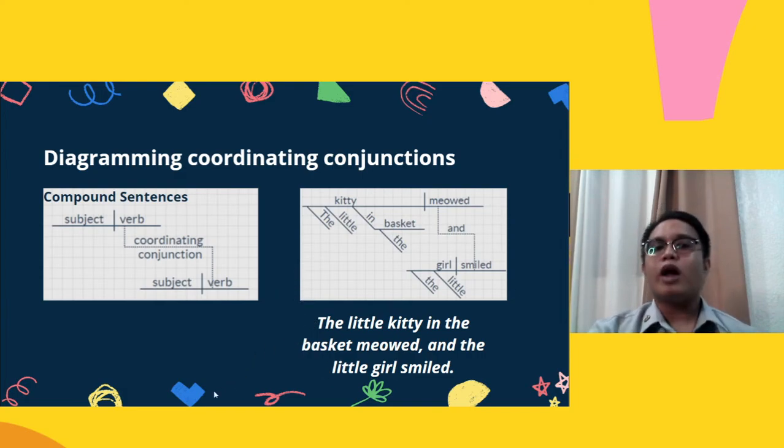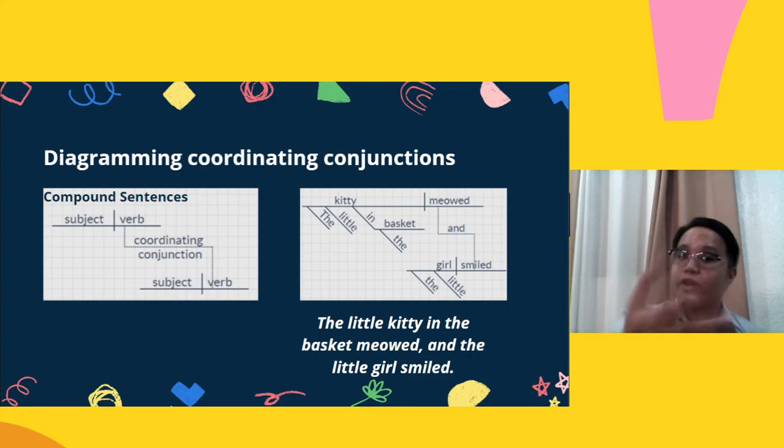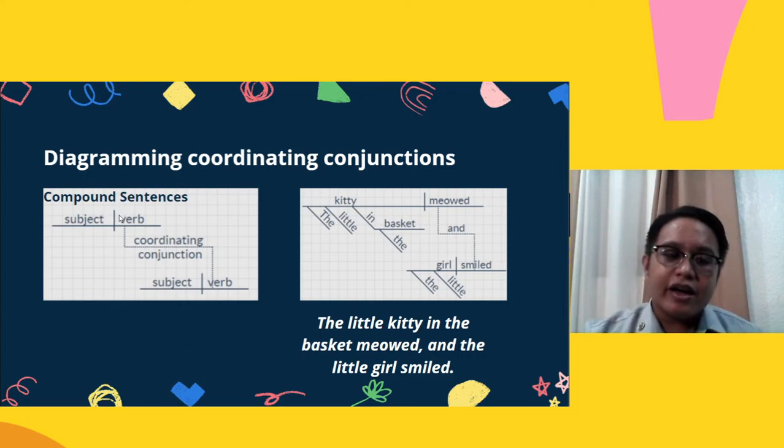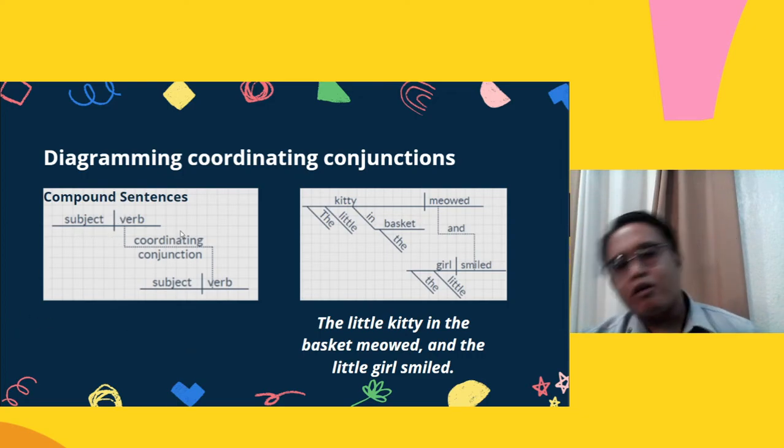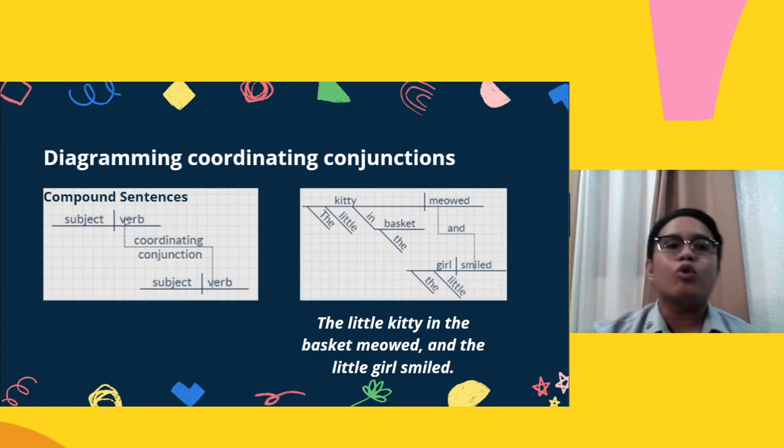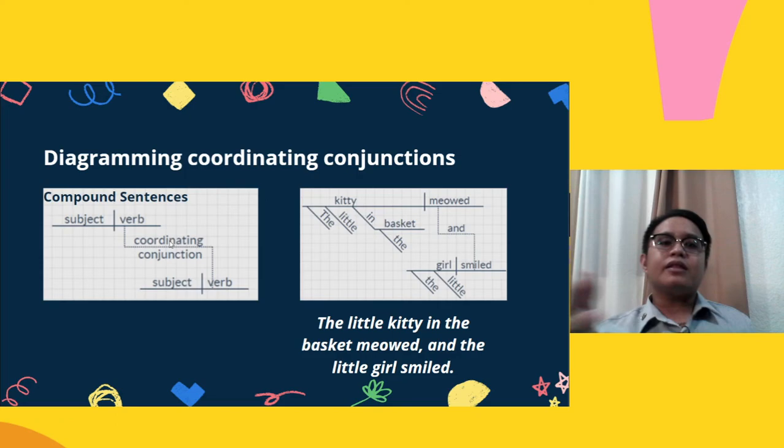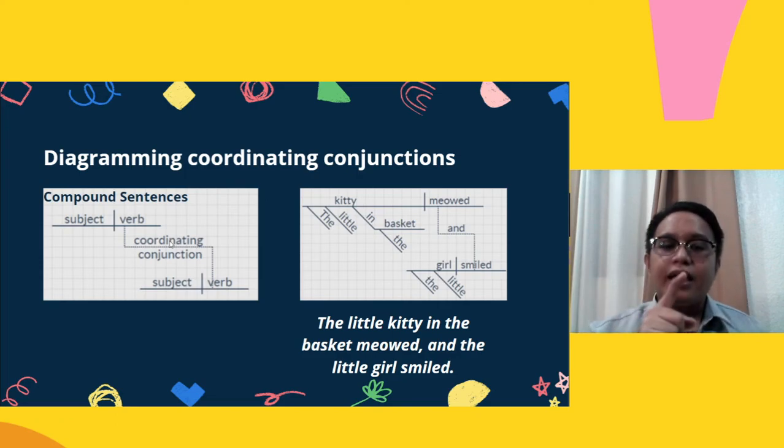So unsa tong buhaton? If you can see the diagram there, naay line down and then line across and then line down, and dapat mo-connect siya sa verb. Dapat connected siya, ang iyang connection kay dapat naa sa verb. Okay? So, here in our sentence, the little kitty in the basket meowed and the little girl smiled.